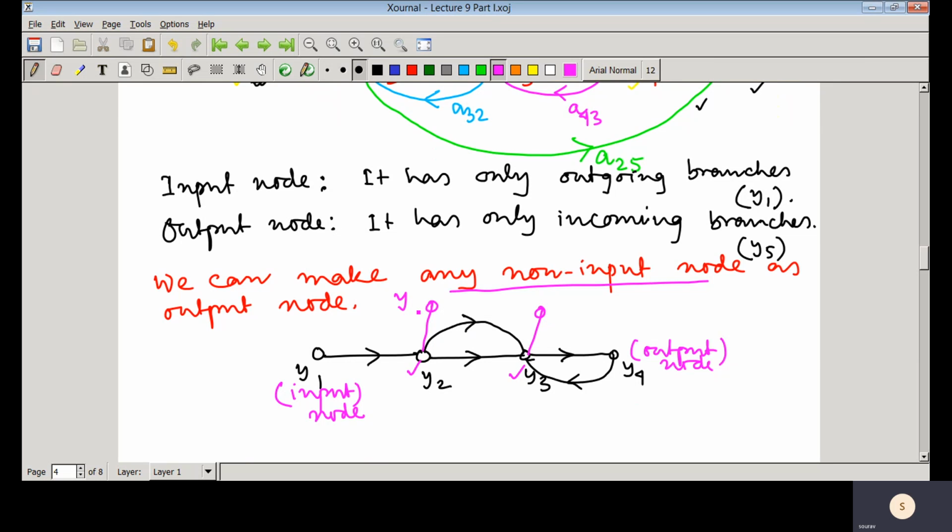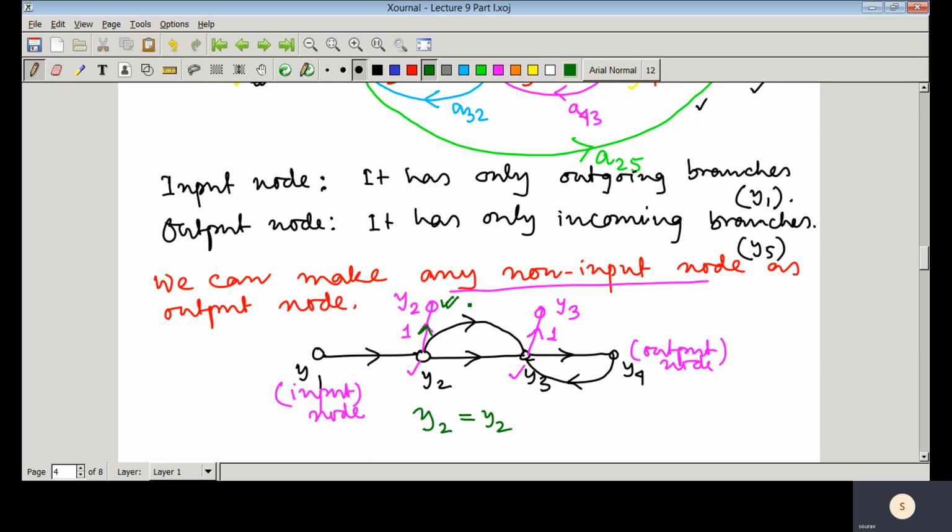How? We can write that this is Y2 and this is Y3 and signal is flowing like this and gain is 1. If gain is 1, we can just write here that Y2 equal to Y2, just applying signal flow graph algebra, because here signal is flowing from this direction to that direction.